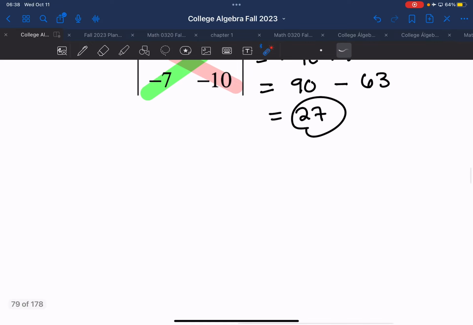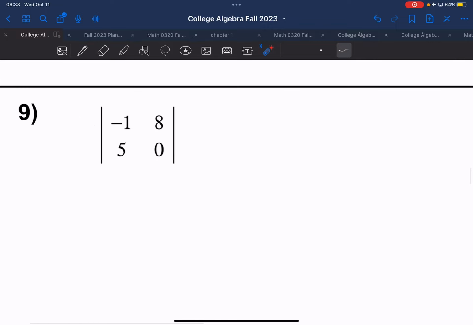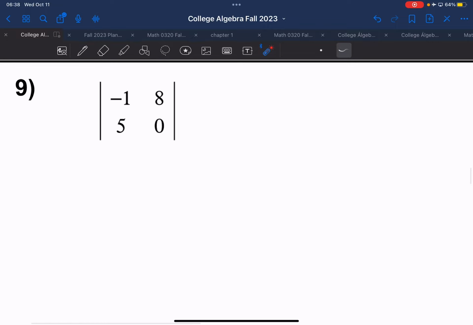Let's look at number 9. Go ahead and try this one on your own. So the most important thing here is to remember you do the correct diagonal first. You mess up on the diagonals, your answer is going to be wrong.